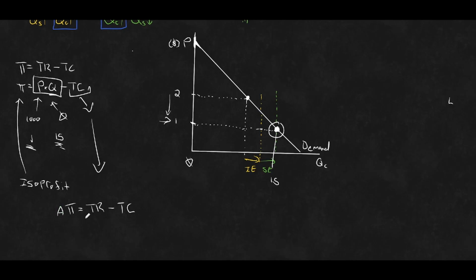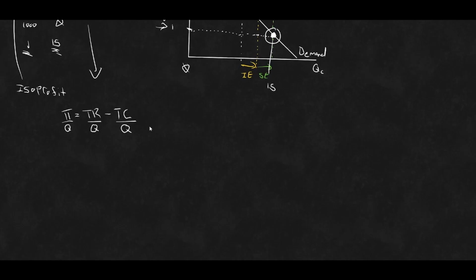Well, to get that profit per unit, that would be total revenue per unit sold minus total cost per unit. This would be our unit cost.